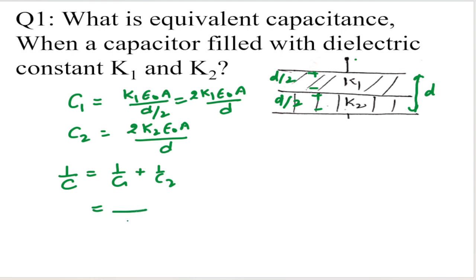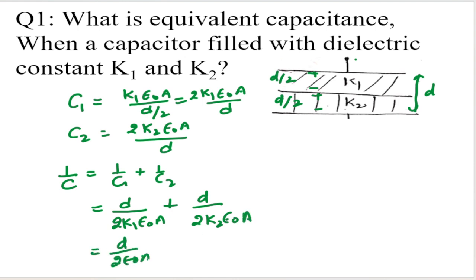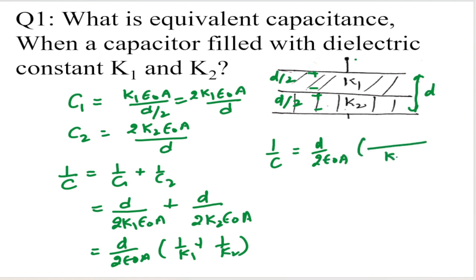अब C1 C2 की वैल्यू यहाँ पर put करिए: 2 K1 epsilon naught A और D shift into numerator, ऐसे यहाँ पर D upon 2 K2 epsilon naught A. Now D upon 2 epsilon naught A common term आ गई, 1 upon K1 plus 1 upon K2. तो 1 upon C equals D upon 2 epsilon naught A bracket में LCM K1 और K2 LCM हो गया, numerator में term आ गई K2 plus K1.